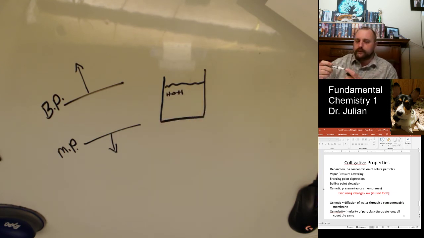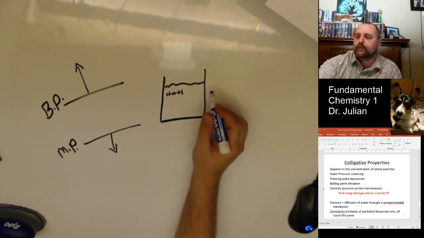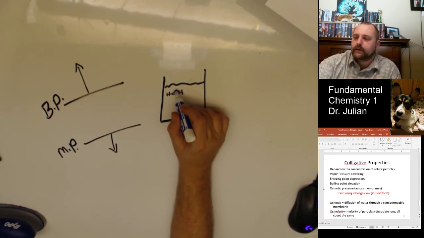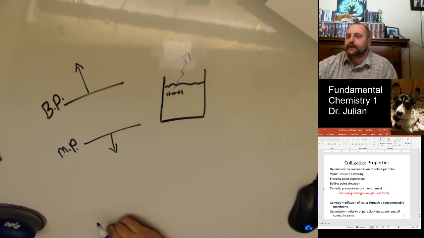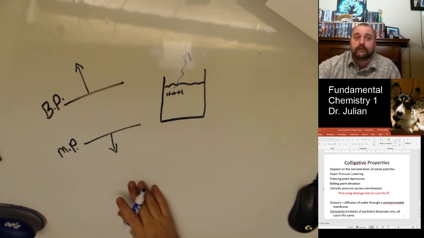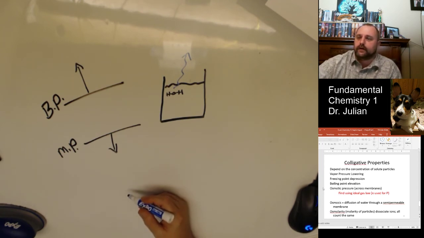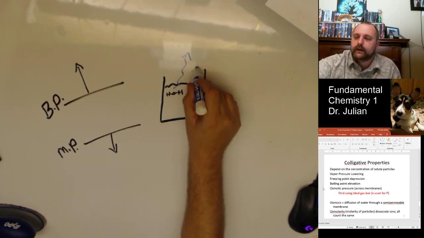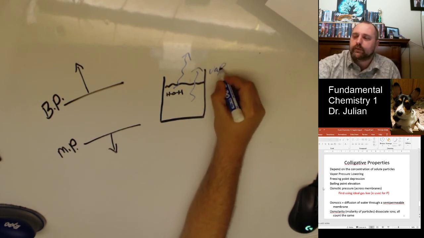So I've got these molecules of water, and as I warm this up, the molecules of water are bouncing around, and occasionally one gets up enough speed to overcome all the attractive forces between it and the other molecules of water around it, and it leaves out into the gas phase. All right, and so constantly getting these up, and that's called the vapor pressure.